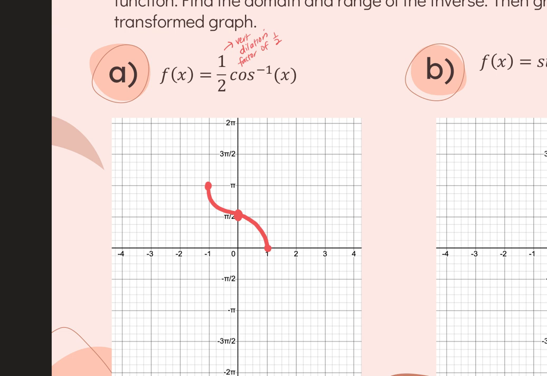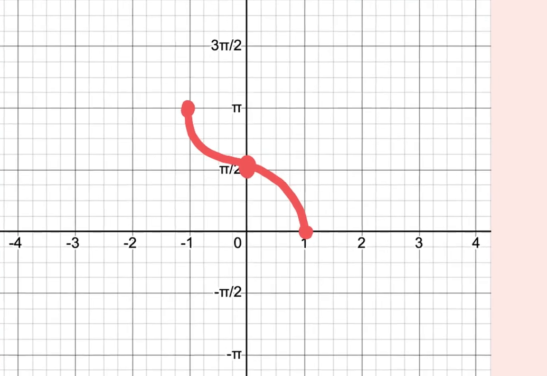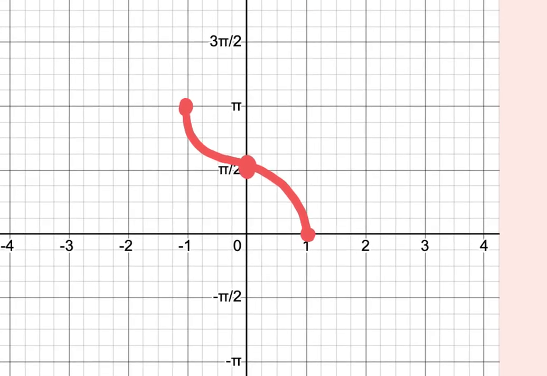Now, if I wanted to adjust all those y values by a half, I literally multiply all the y values by a half. So pi times a half would be a half pi. Pi over 2 times a half would be pi over 4. And 0 times a half is 0. So my curve, compressed vertically, would look like that.